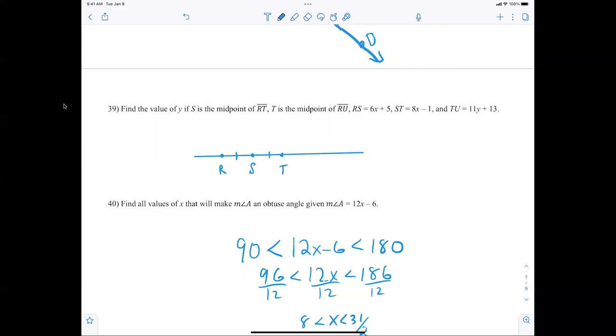Now it says T is the midpoint of what? RU, right? So I would try to eyeball that correctly and say, okay, to me, U would have to be somewhere over here. And now I mark it here.